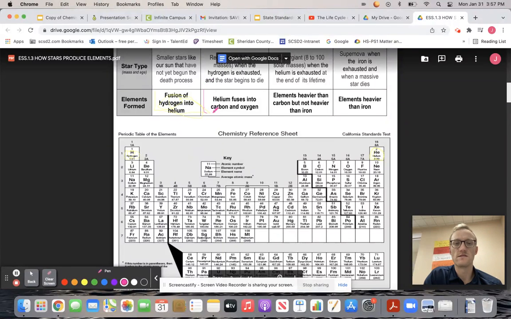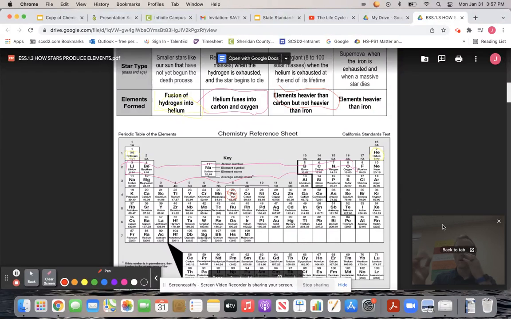After that star begins to die, we're fusing helium, and we start to see elements from lithium through oxygen being formed. Wow, that's sloppy. If we have enough mass and we have a massive star, then we get these, all the way up to iron. And then finally supernova is everything else.